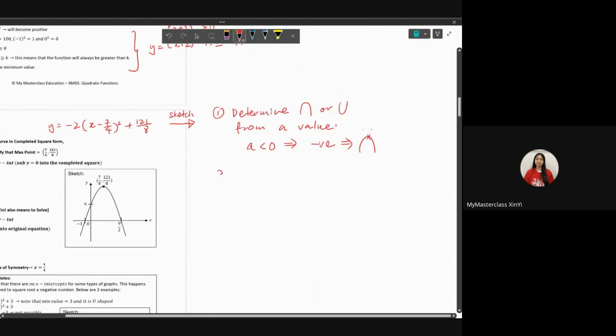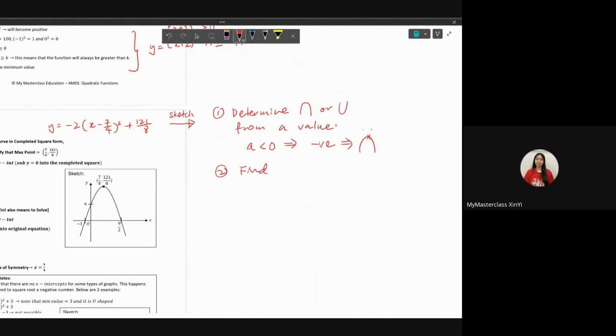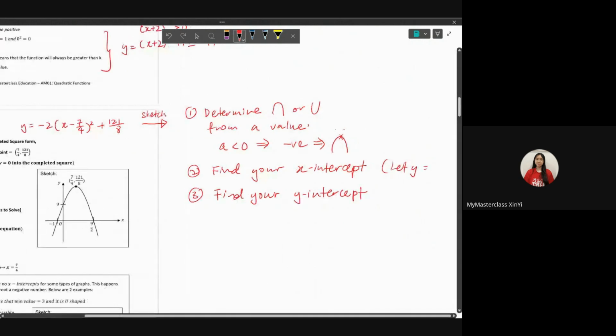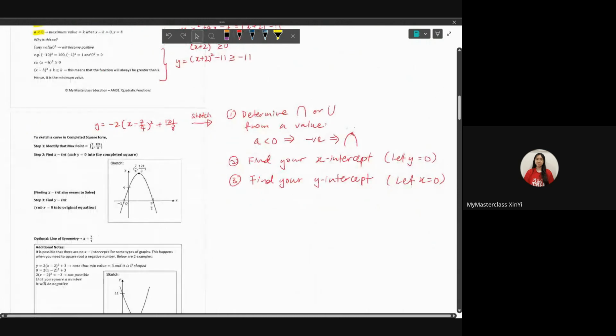So it will have a maximum point. Next step, find your x-intercept, then also find your y-intercept. To find your x-intercept, let y equal 0. To find your y-intercept, let x equal 0.